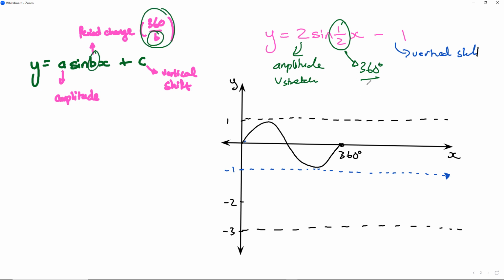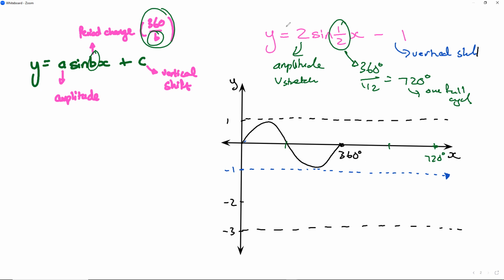So that's going to be 360 over a half, which gets you 720 degrees. This is one full cycle, needing 720 degrees to do. So we've got 180, 360, 540, and there's 720 degrees there. The full cycle is going to be till there.